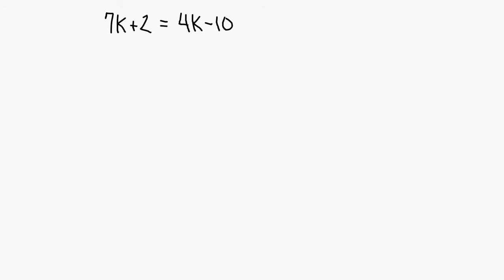All right, in this case, the 4 is smaller than the 7. So I would move the 4k first, and you would do that by subtracting 4k from each side.